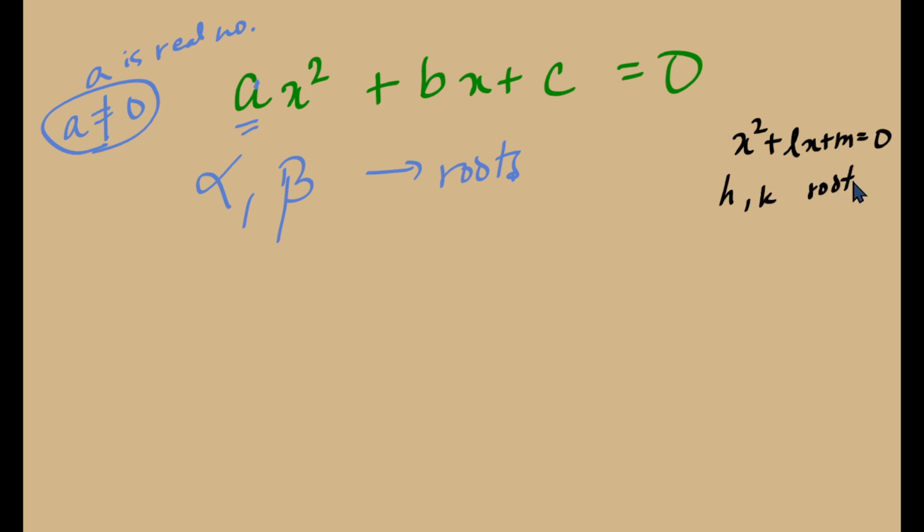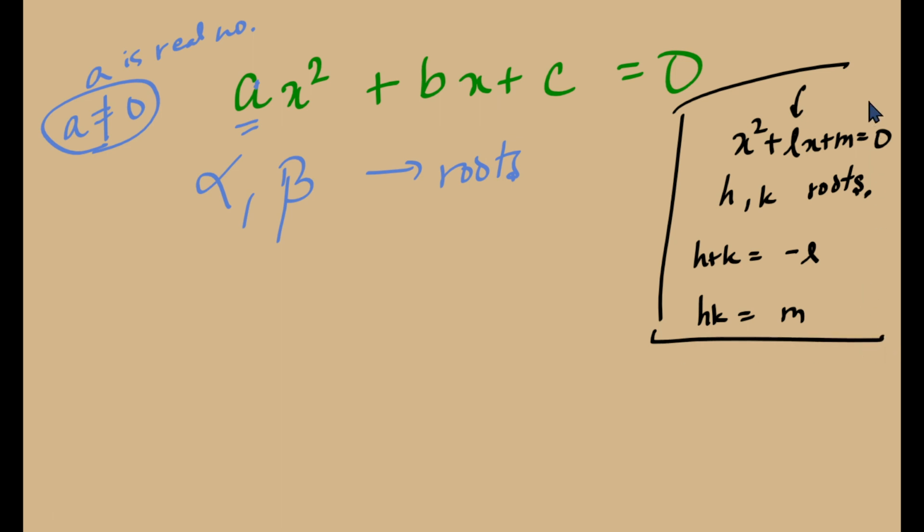I am just using different names for different variables here, just to distinguish between the two. So if h and k are the roots, we established in our previous video that h plus k was equal to minus l, the negative of the middle term coefficient, and h times k was equal to m. So this we had established.